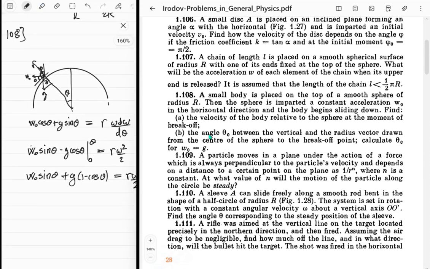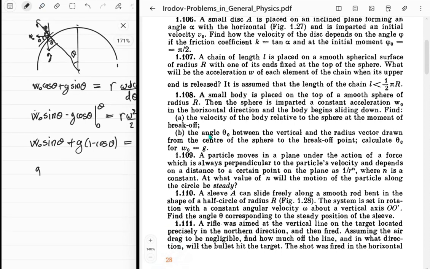Whenever it breaks off, the normal force is not necessary anymore, right? The normal force is the one thing that's keeping it in that position as it moves. Over here the normal is positive in this region, and in this region it would have to be negative to keep it going, but it can't be. So over here the normal should be 0.